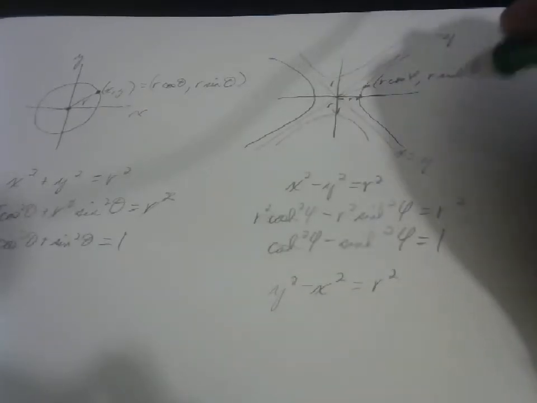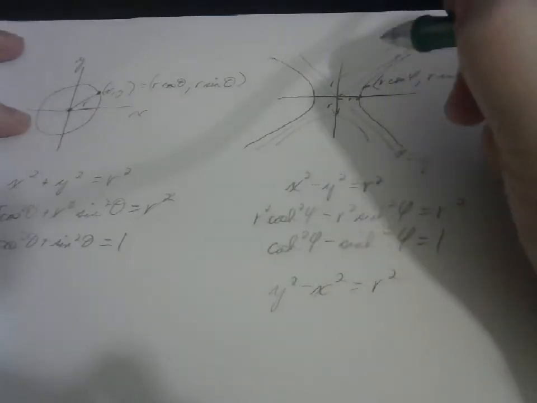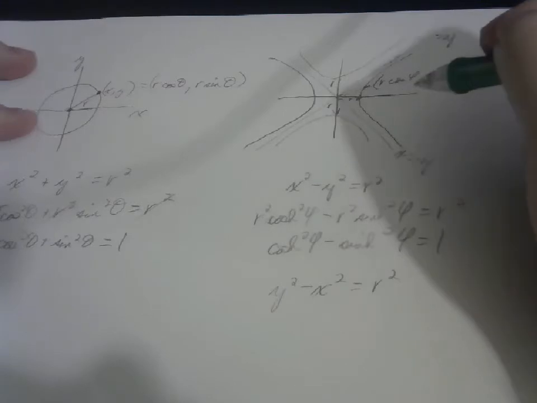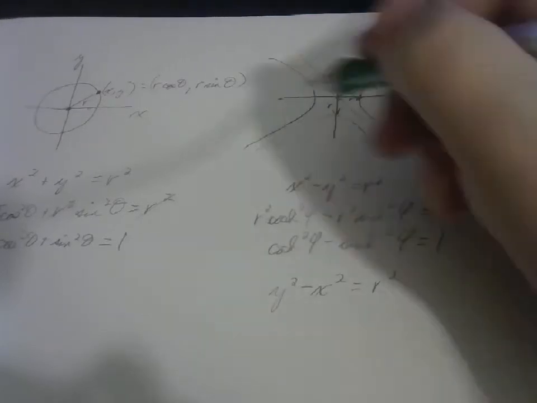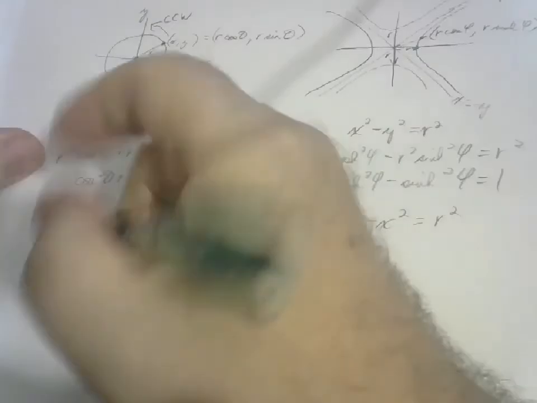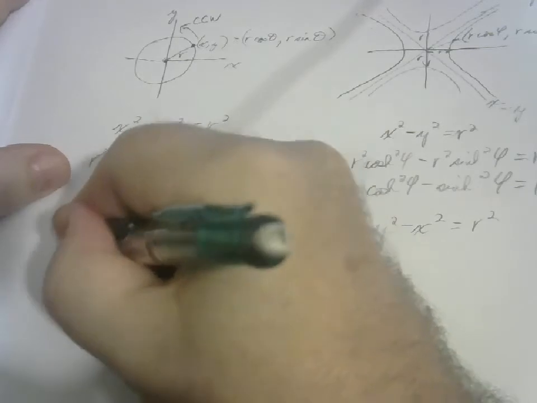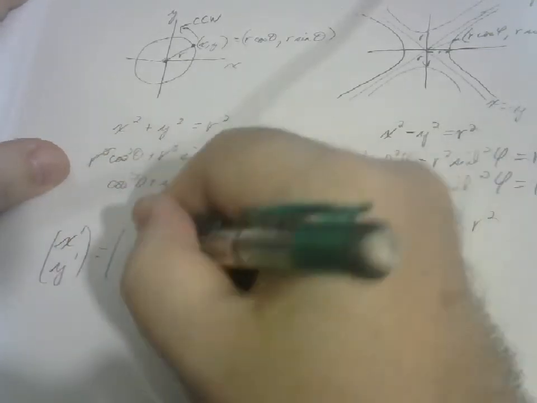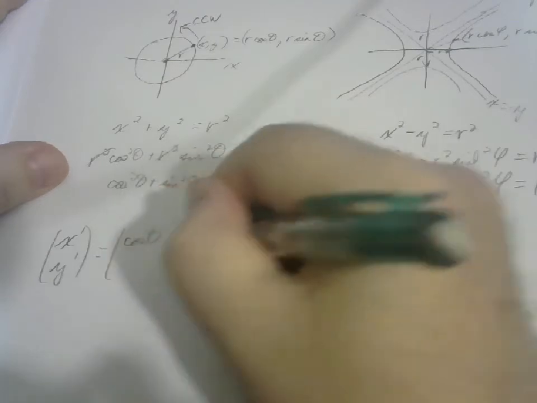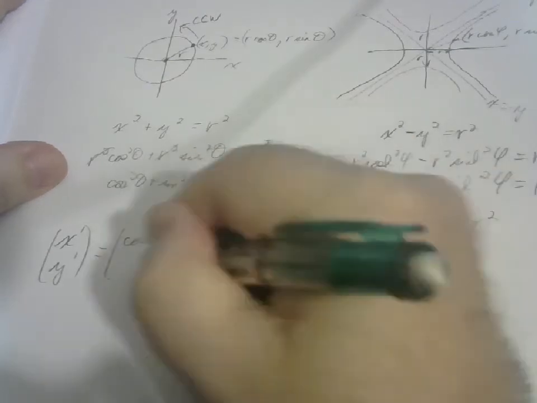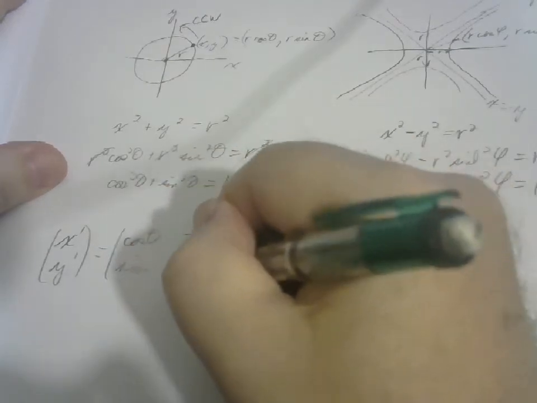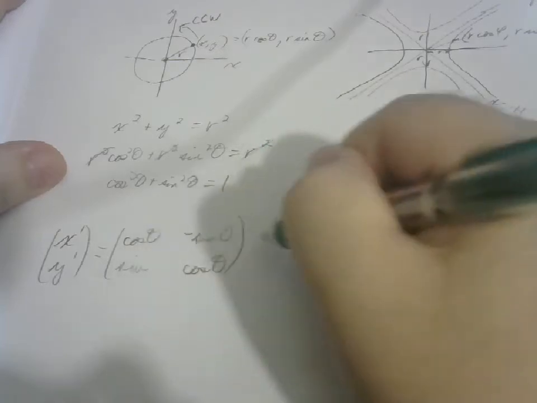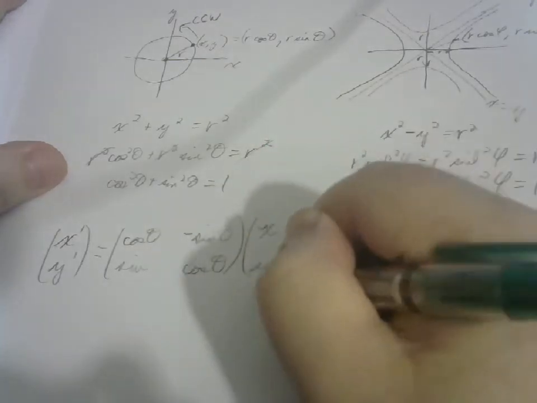Okay, now let's talk about trigonometric and hyperbolic rotations. A counterclockwise rotation can be represented by this formula here. x prime, y prime equals cos theta, negative sine theta, and sine theta, cos theta, times x and y.